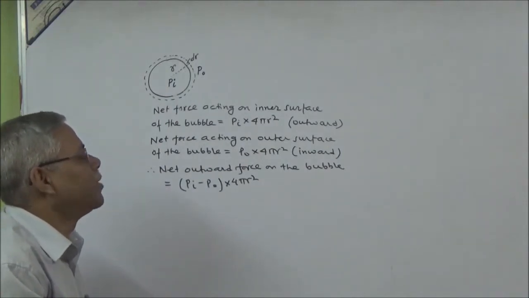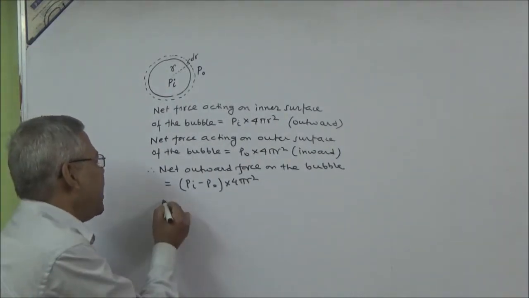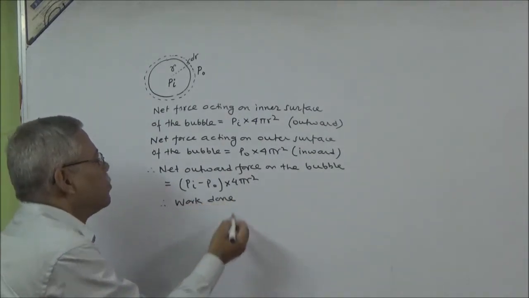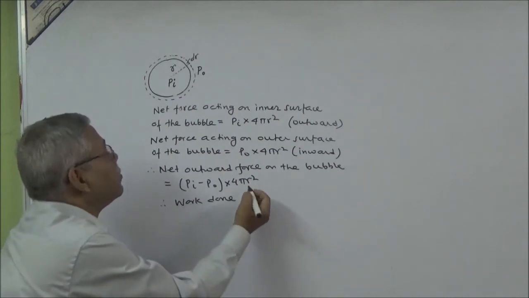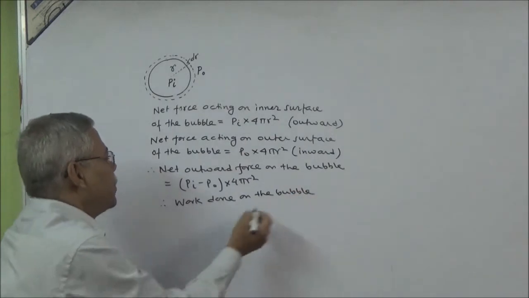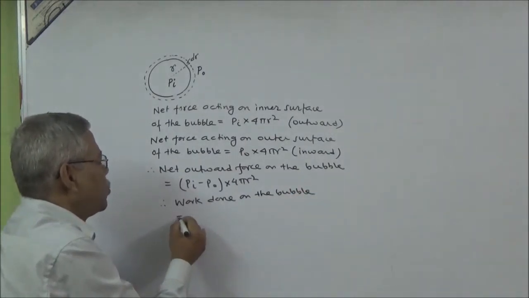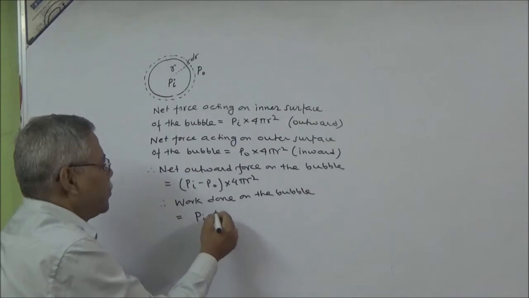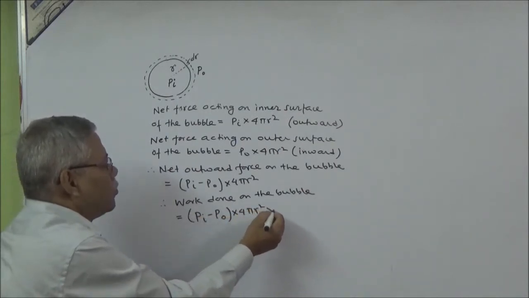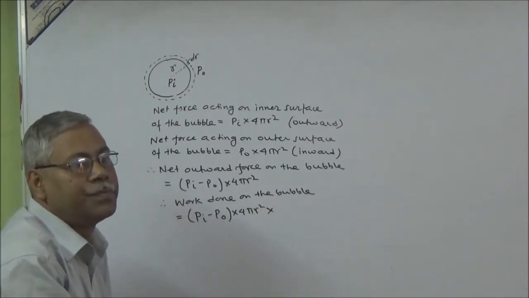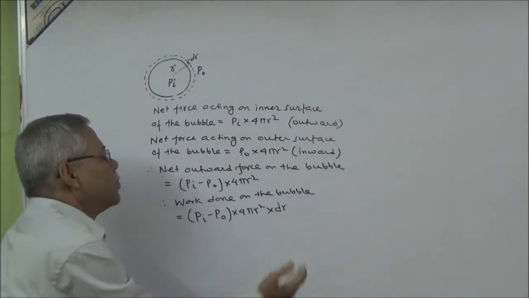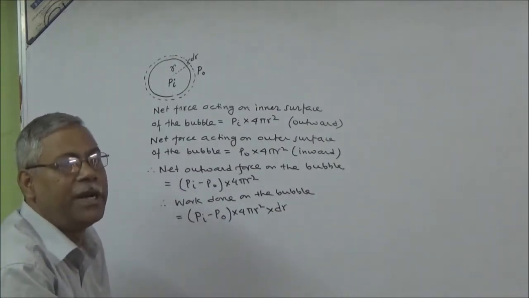So how much work has been done? Hence, work done on the bubble equal to this force into dr, because dr is the displacement, radial displacement.